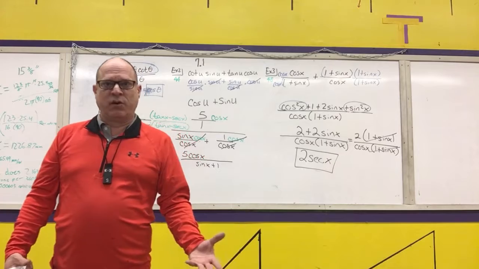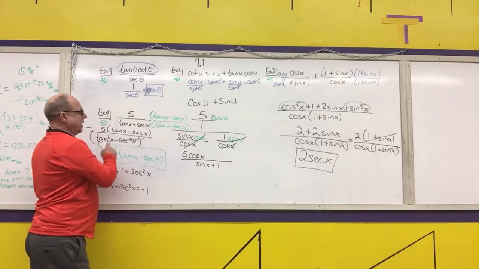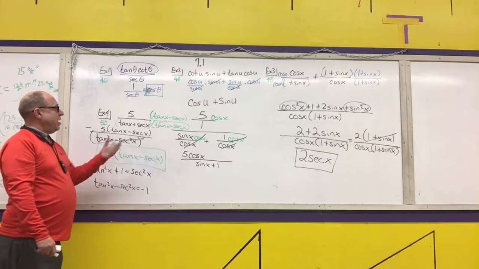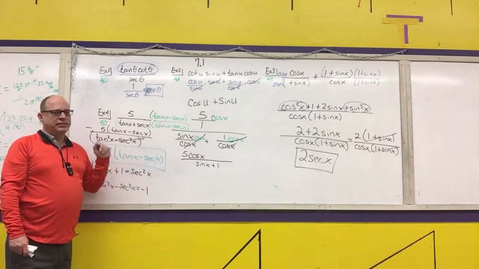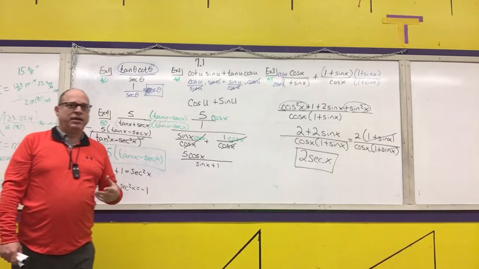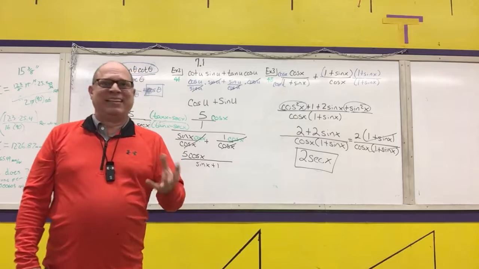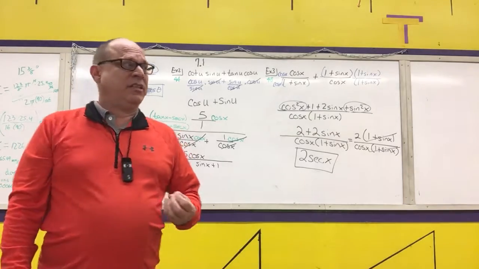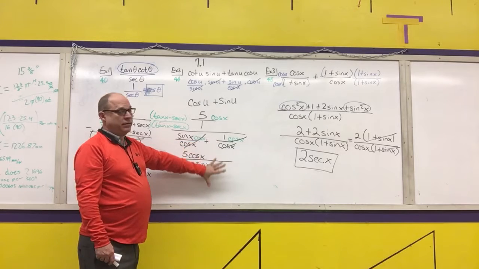I'm going to get a difference of squares pattern. Is that difference of squares pattern one of my fundamental identities? Okay? And if you've got tangent and secants, then yes, it will be. If you've got cosecants and cotangents, it will be. And if you have sines and cosines, it will be. So those are the things that you want to look at when you're going about solving these problems. How can I turn it into something that I can simplify?